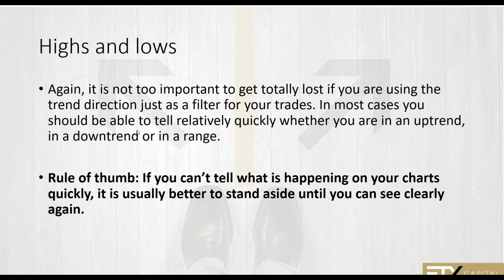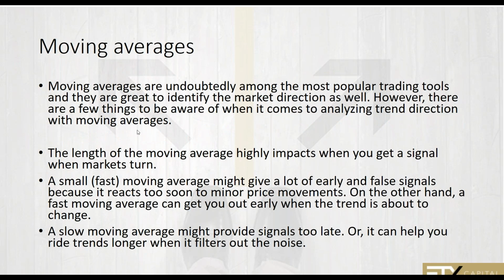Now, when you can't distinguish an uptrend, a downtrend, or a sideways trend, it's time to move away from that asset. Now, one of the most well-known ways to identify a trend is simple moving averages, because what a moving average does is take the noise out of the markets. So it's almost like a line chart, but it uses more calculations and it's used with candlesticks or bar charts.